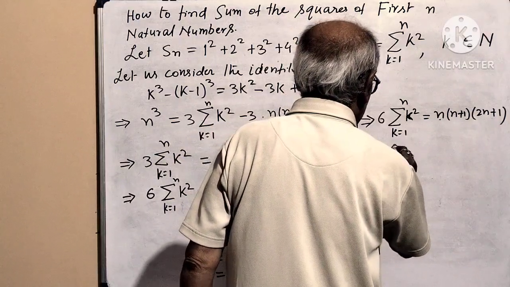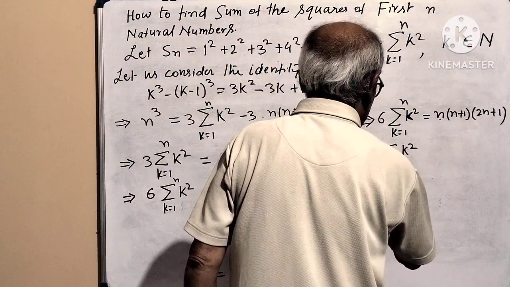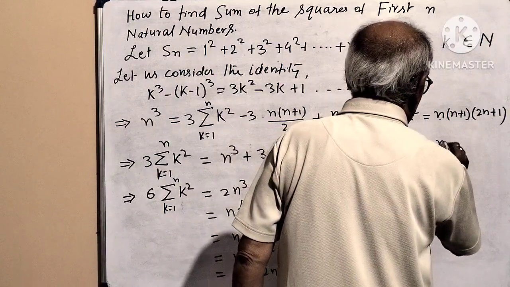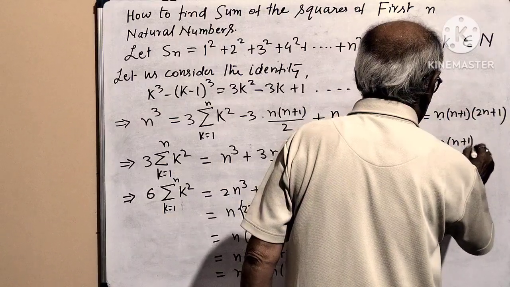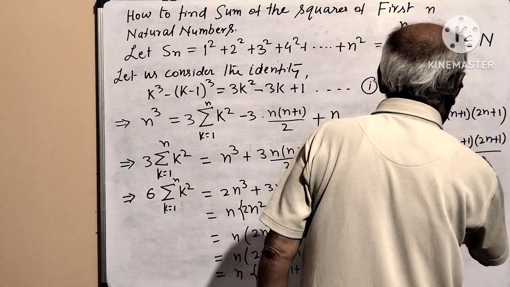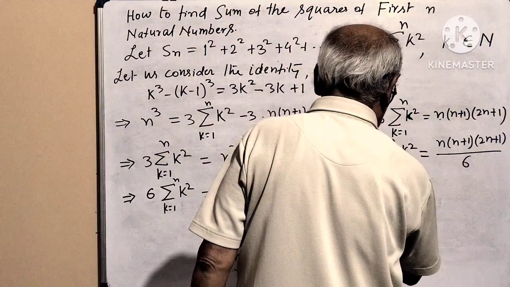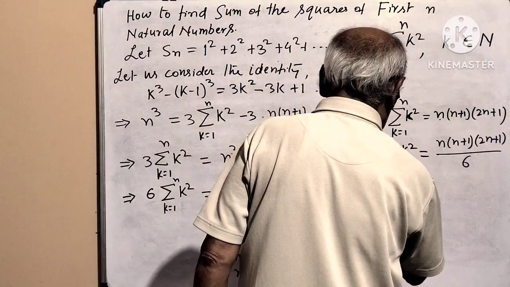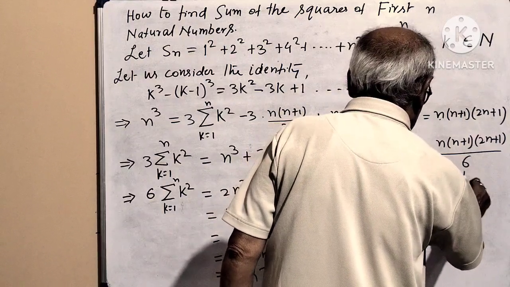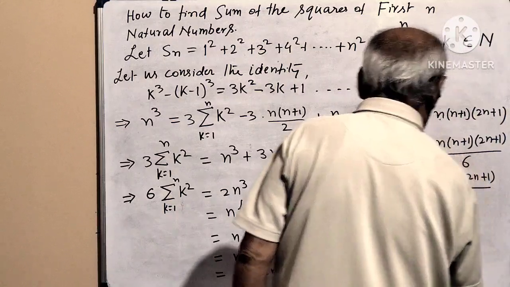This implies that sigma k square, 1 to n, will be equal to n (n plus 1)(twice n plus 1) upon 6. This implies that Sn equal to n (n plus 1)(twice n plus 1) divided by 6.